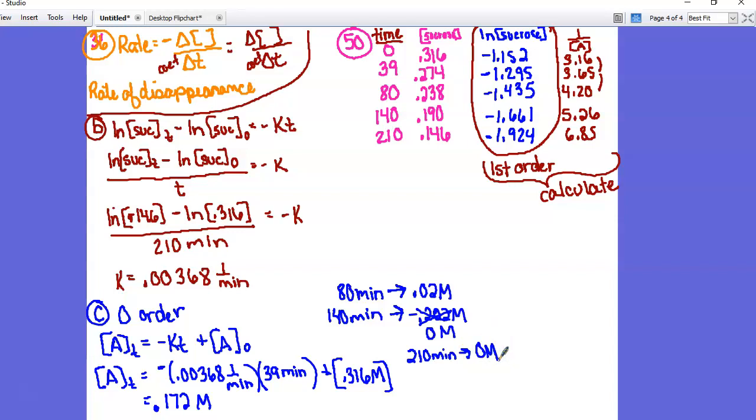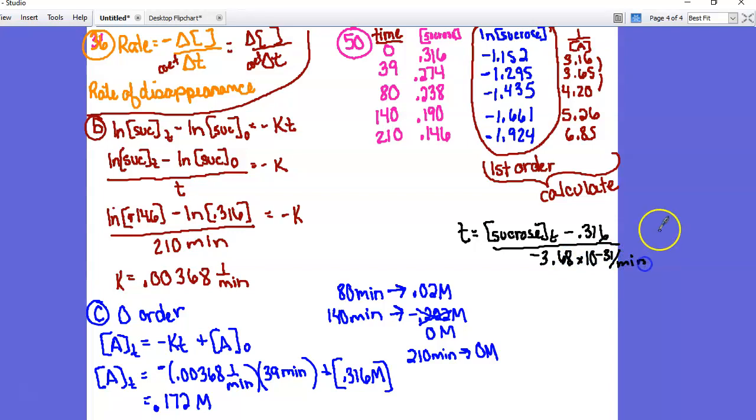And that is the problem. A lot easier. Earlier, I think I even calculated how much time it actually took to get rid of all the sucrose. And you don't even have to do that. You weren't even asked that. That was rearranging the equation, using your initial concentration and also putting in your negative K value.